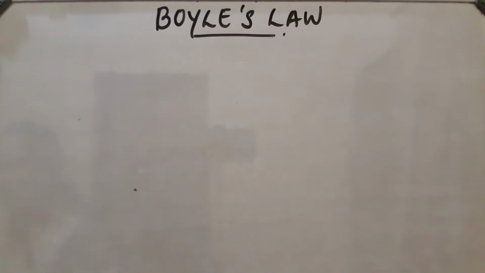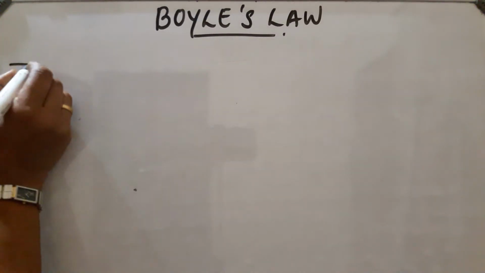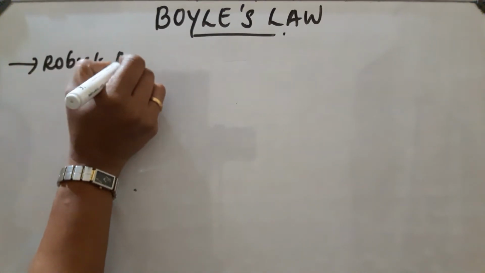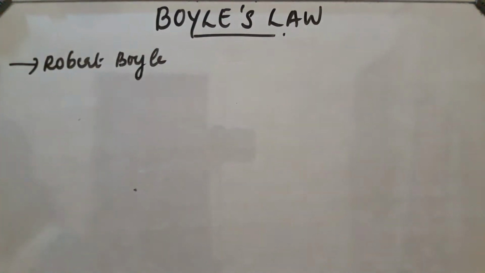Boyle's Law. Robert Boyle was a scientist who studied the effect of pressure on the volume of a fixed mass of a gas at constant temperature.